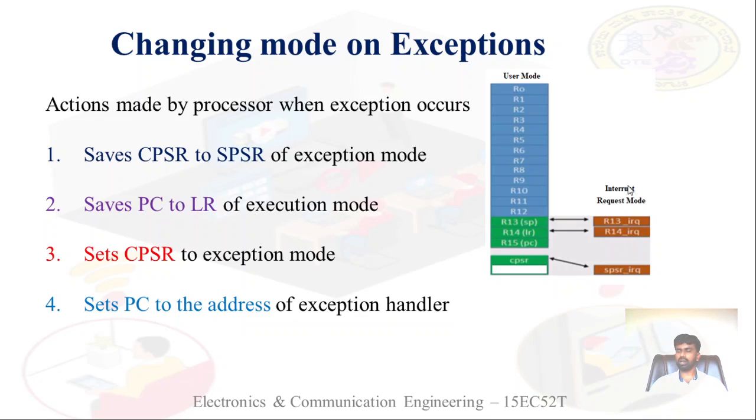Similarly, all exception handling modes have their own link register. In R14_IRQ, the program counter value is stored into this link register. After that, it sets the CPSR to exception mode.